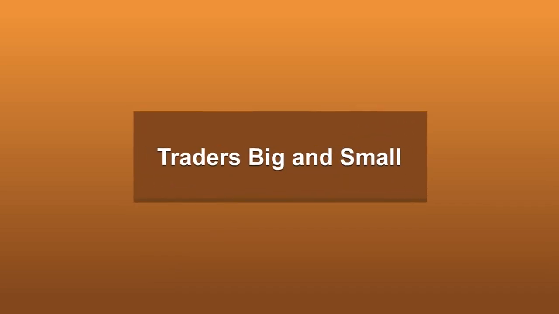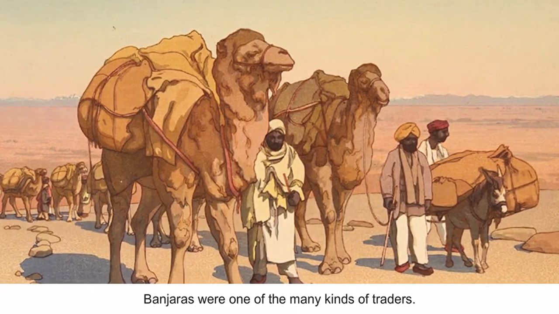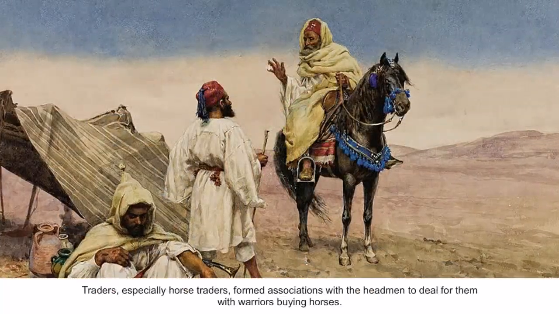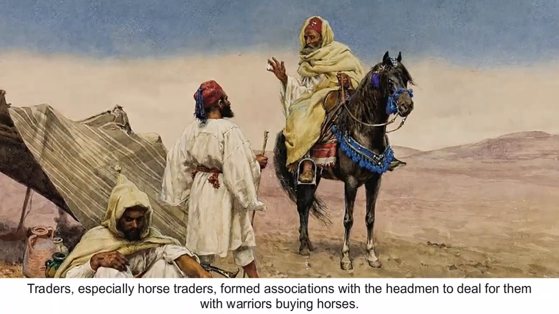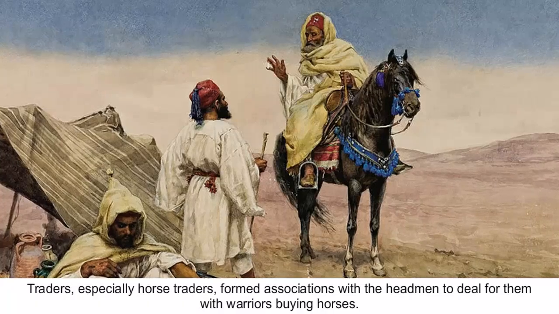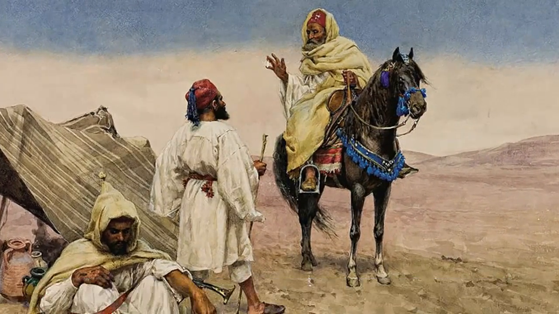Traders big and small. Banjaras were one of the many kinds of traders. Traders, especially horse traders, formed associations with the headmen to deal for them with warriors buying horses.